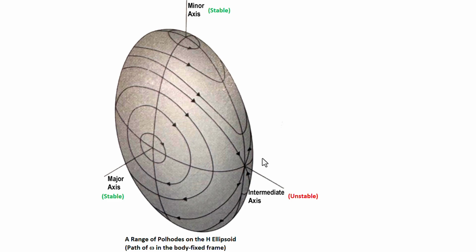So bottom line is that intermediate axis spin is inherently unstable because of this saddle point right here. And that's what you were seeing with that omega vector flipping, going one direction, going around, and then picking up and going the other direction. So that's why intermediate axis spin is unstable, and it's such an interesting phenomenon.